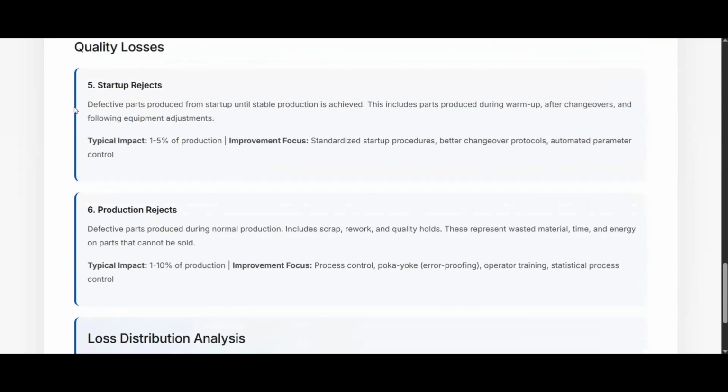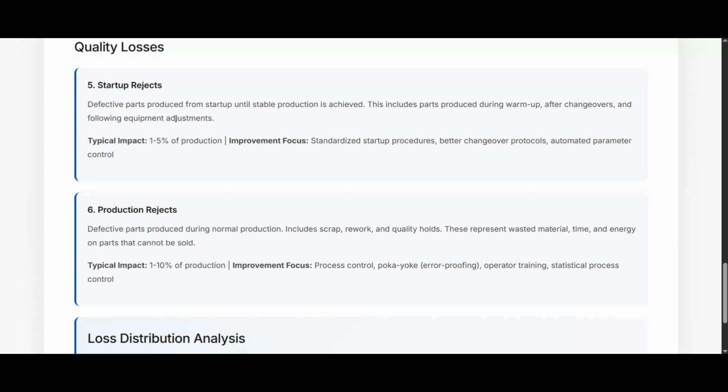Alright, 5 and quality losses. Here we will look at startup rejects. What are they? Or startup defects. These are defective parts produced right after a machine starts up, during warm-up, or immediately following a changeover. Essentially, the process is not fully stable yet.